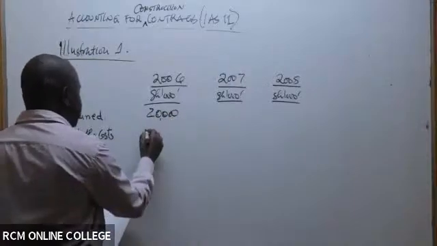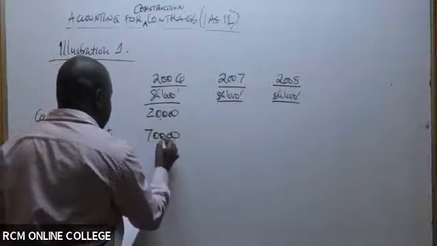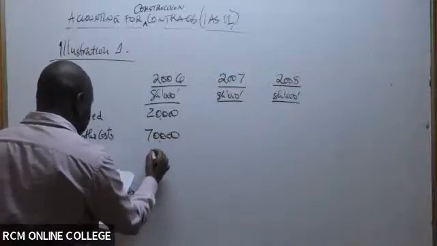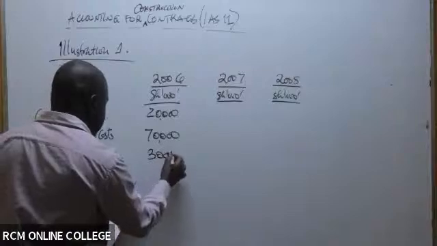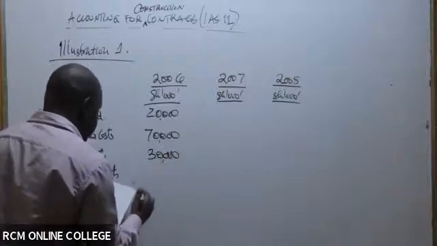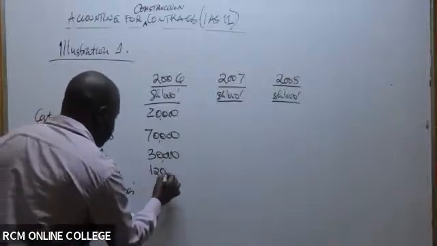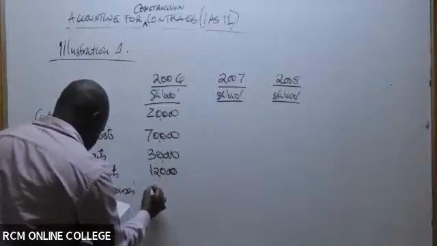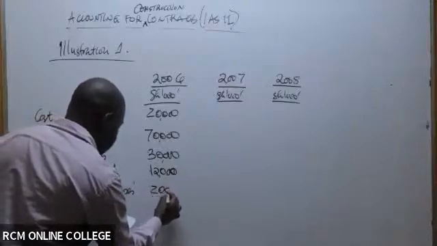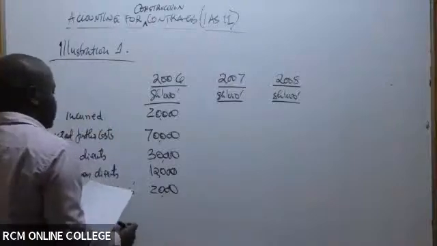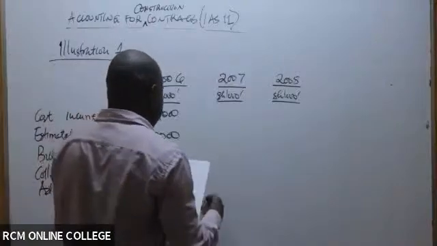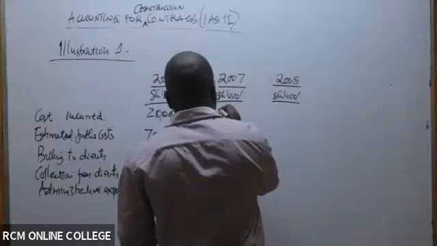This one is 70,000. This one is 30,000, 30 million. This one is 12 million. This one is 2 million. Then on 2007, this one is 42 million.